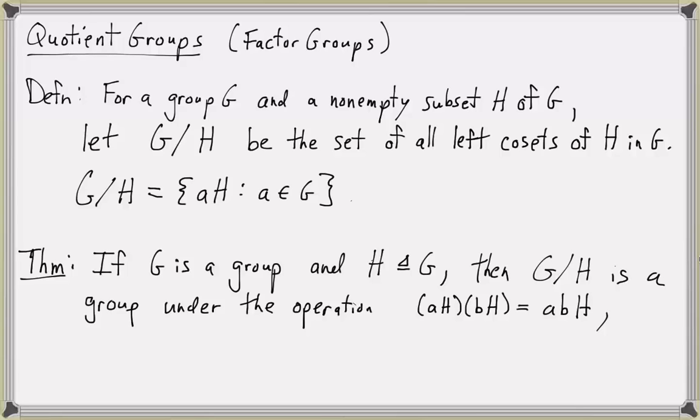The group of left cosets, G over H, is called the quotient group or the factor group of G by H.